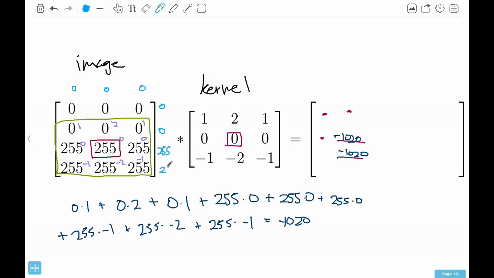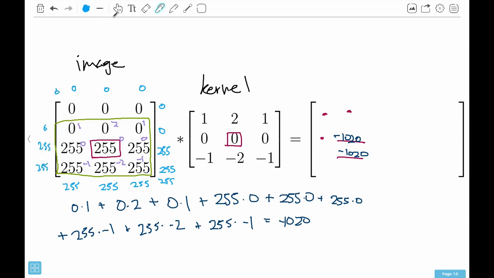At the edge, I take the value that's closest to this edge and extend my image by 1 or 2 pixels. So 255, 255. This is the closest number here.